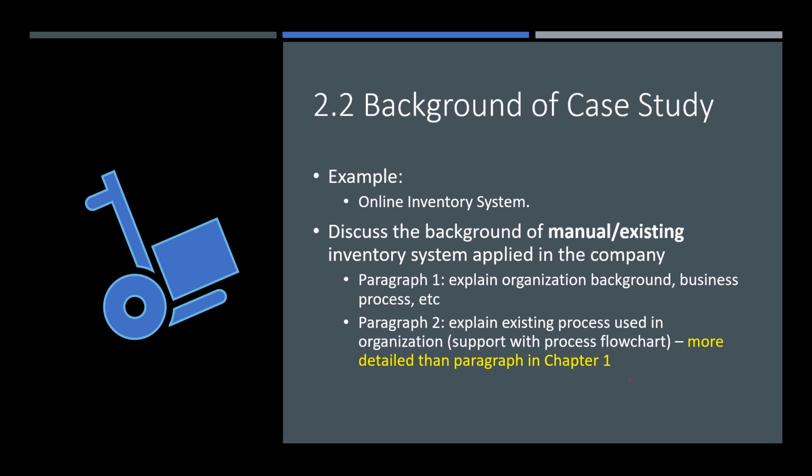Okay, for example, in paragraph 1, you may start directly to explain the organization background, their business process, their person in charge, their business operation, and so on. Or you can give a general description, like if you do an online inventory system for pharmacies, for example.